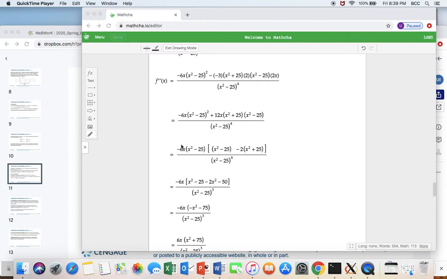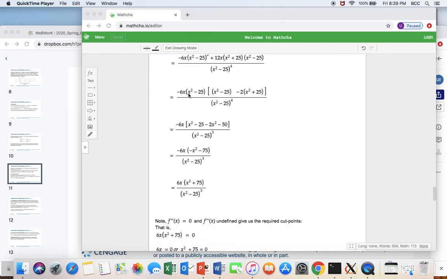If I were to distribute, negative times negative would become a plus. Because I've brought 6 out, from the 12 only 2 remained. I brought out the x, so that's gone, and the x squared minus 25, so it's gone. All I have is x squared plus 25 inside. This is one big factor and these are the other things. The denominator is unchanged.